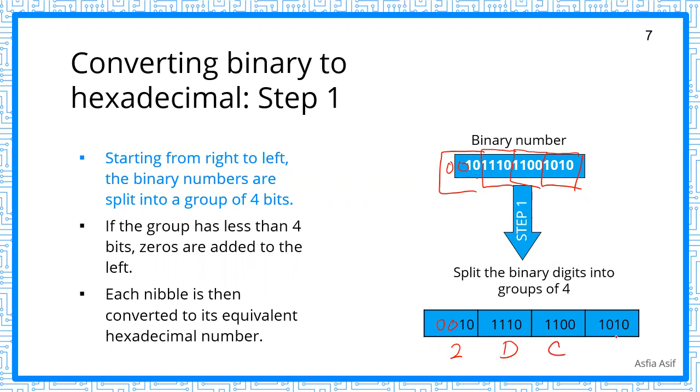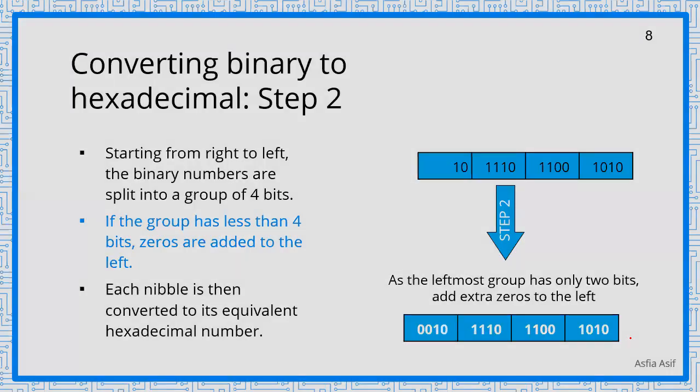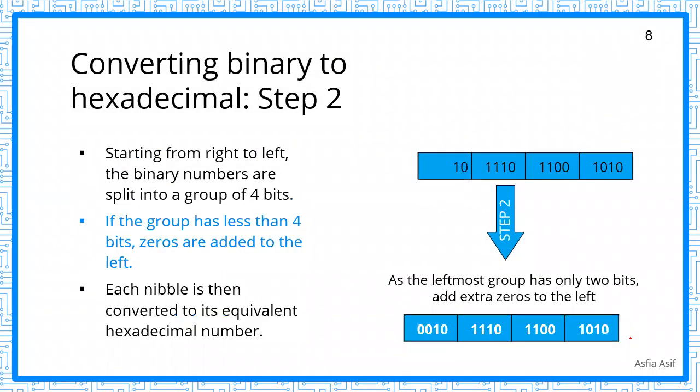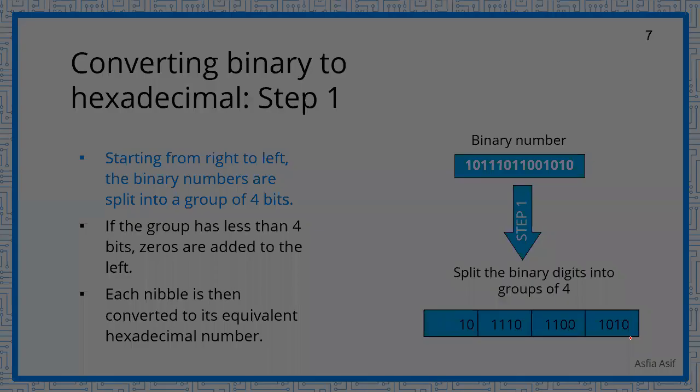And 1, 0, 1, 0, 8, 9, 10 now. 1, 2, 4, 8, 8, and plus 2, 10. So that would be A. 2E. I think we did something wrong over here.